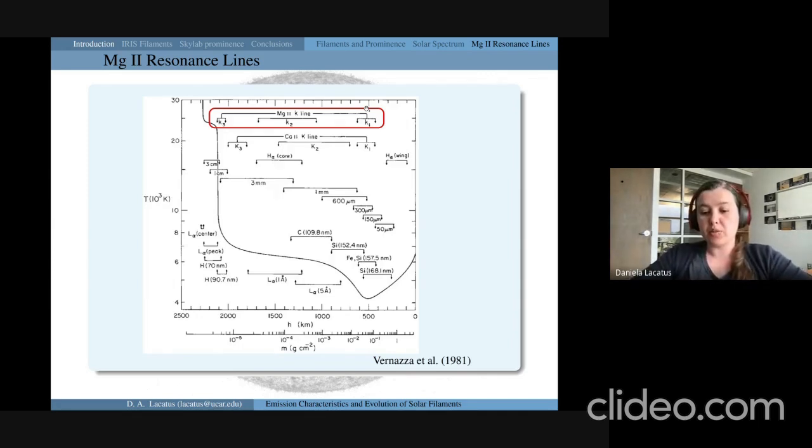Because the emission of magnesium comes from such a wide range of chromospheric heights, looking at different locations within the profile can give information about the height structure within the observed solar feature.